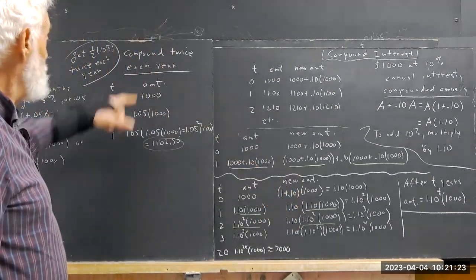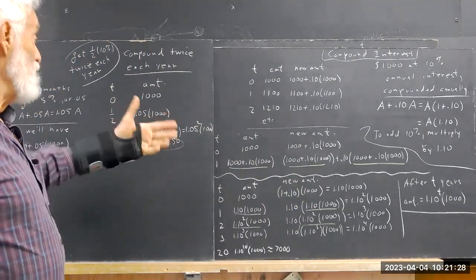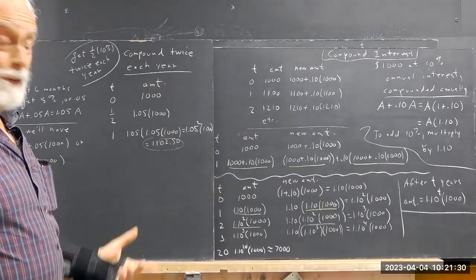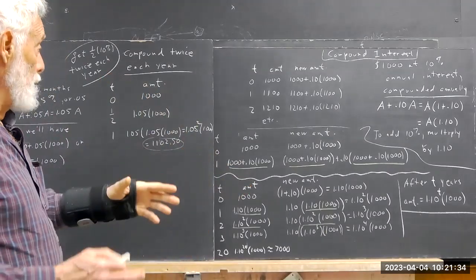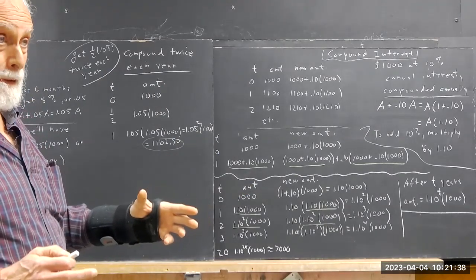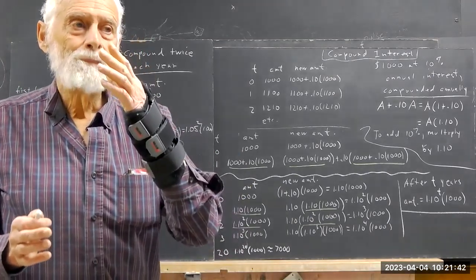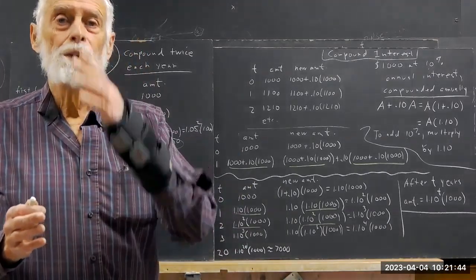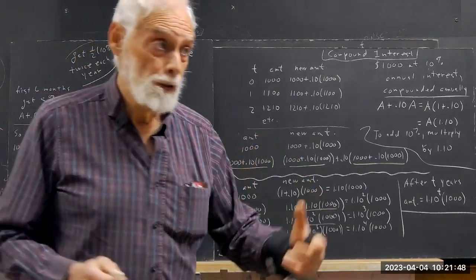Here we multiply by 0.05 to get $1,050, and then we multiply that by 0.05, so we're multiplying a bigger number times that 0.05. We get halfway through the year and we take half of our interest and apply it to the bigger amount, giving us more at the end of the year.